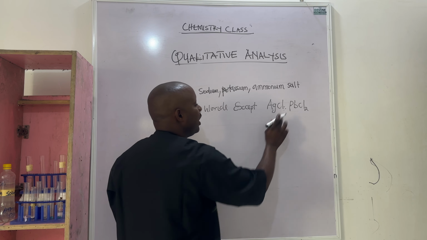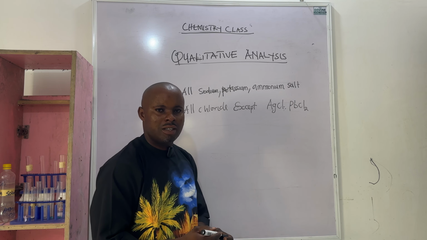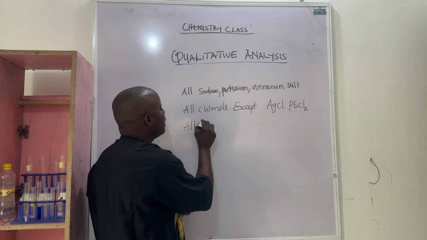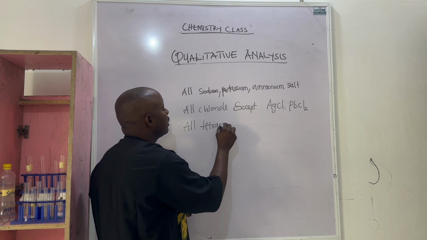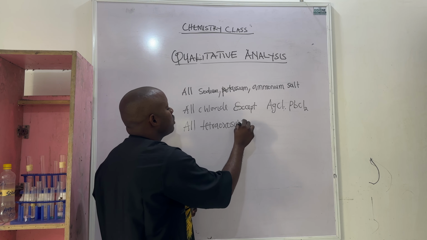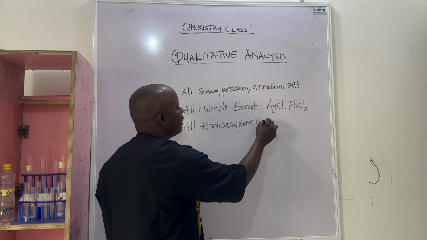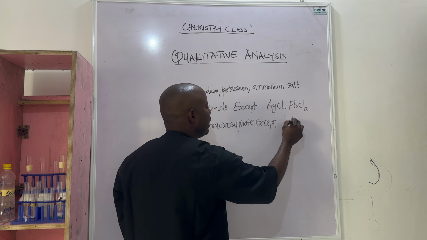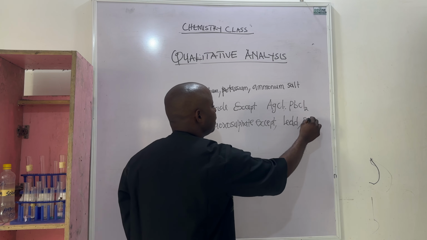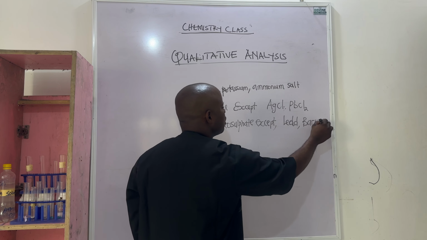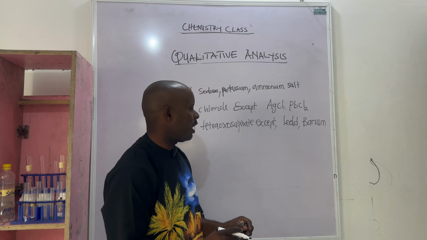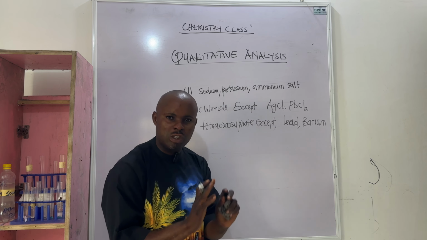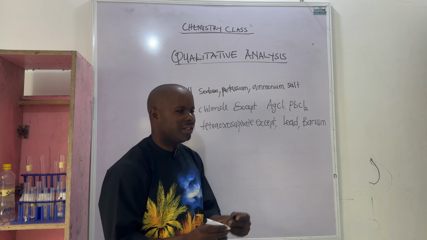They do not dissolve in water. This is a very simple illustration. We say all tetraoxosulfate(VI) salts dissolve, except lead sulfate and barium sulfate. They do not dissolve in water. So this is the major characteristic of these salts.